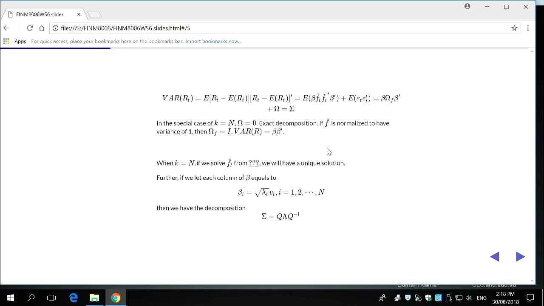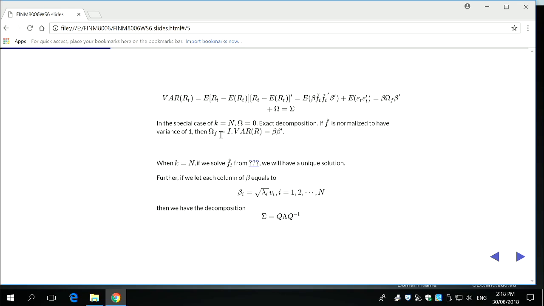All right. So if we further normalize this deviation of the f tilde to have a variance of 1, then this f tilde t times f tilde t prime will just be an identity matrix, because the variance equals 1, right? And it's only on the diagonals.